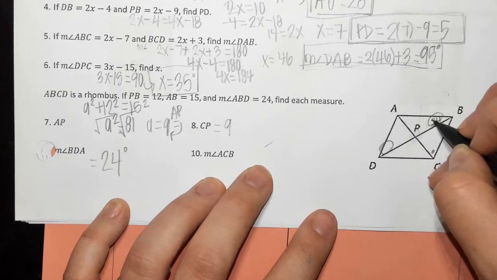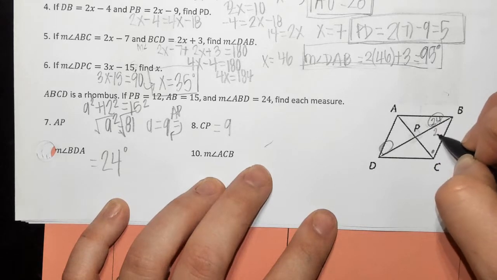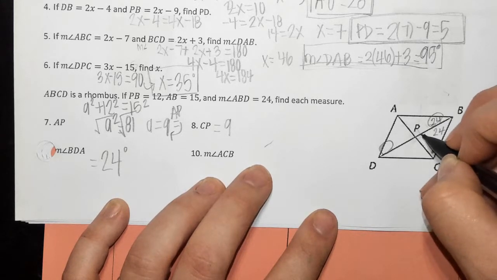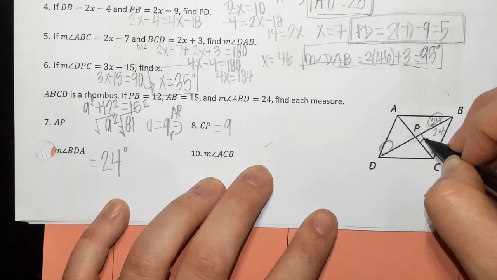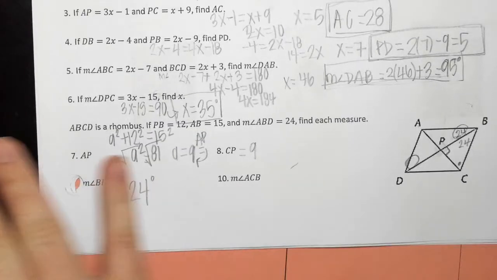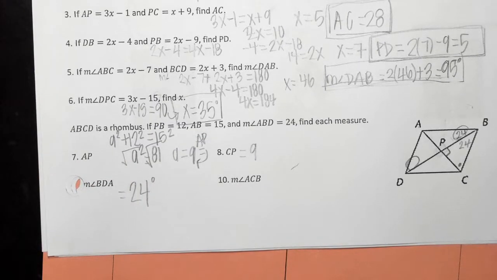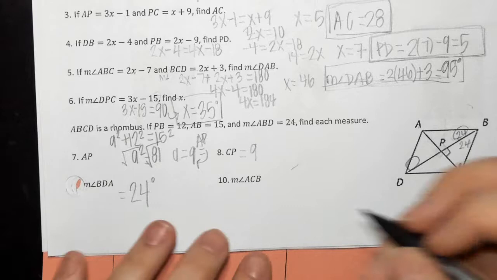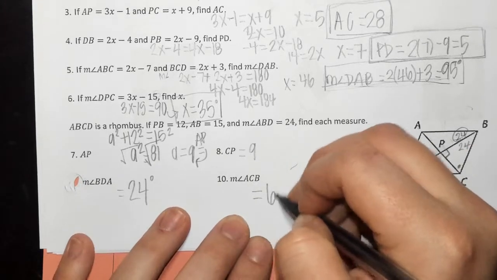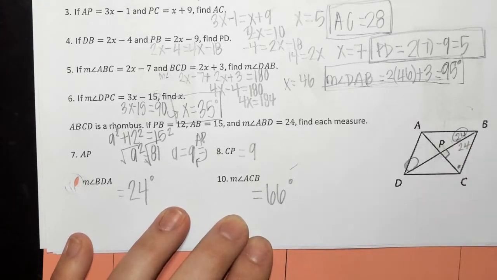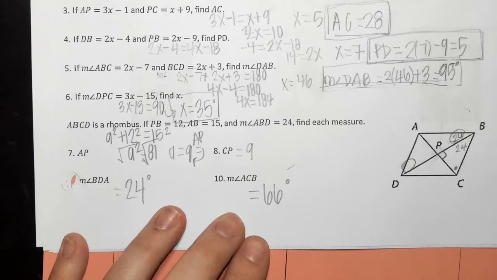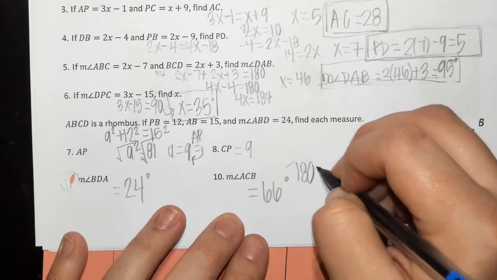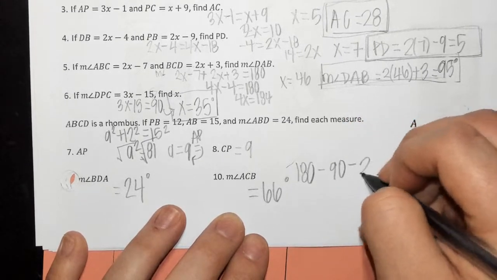Well, if that's 24, what's this angle? Okay, and what do I know about this angle? It's 90. So can you find this one? Yes. So it's equal to? Because I did 180 minus 90 minus 24.